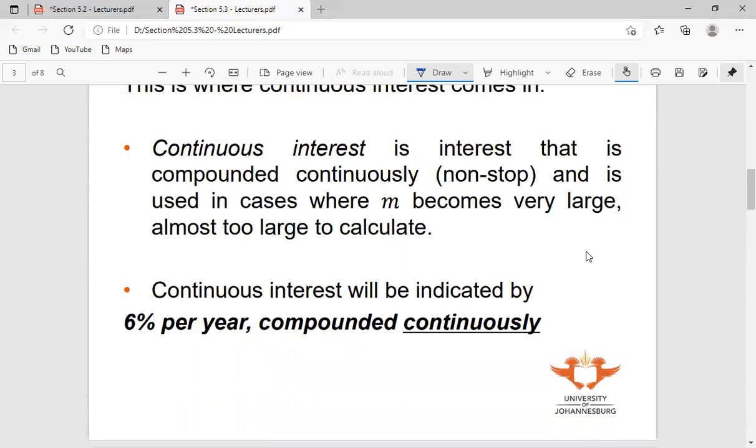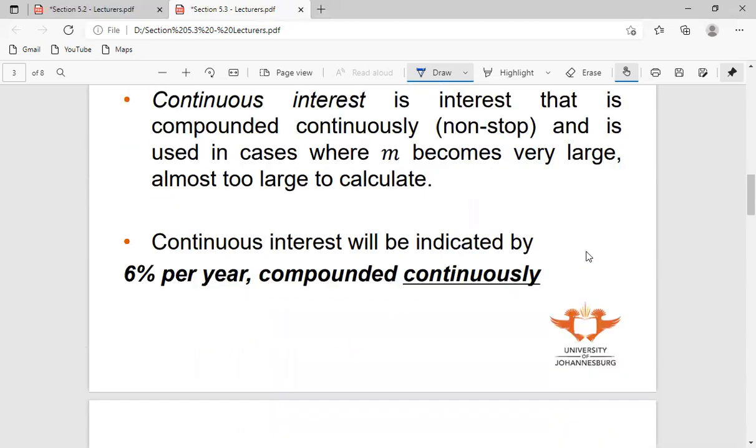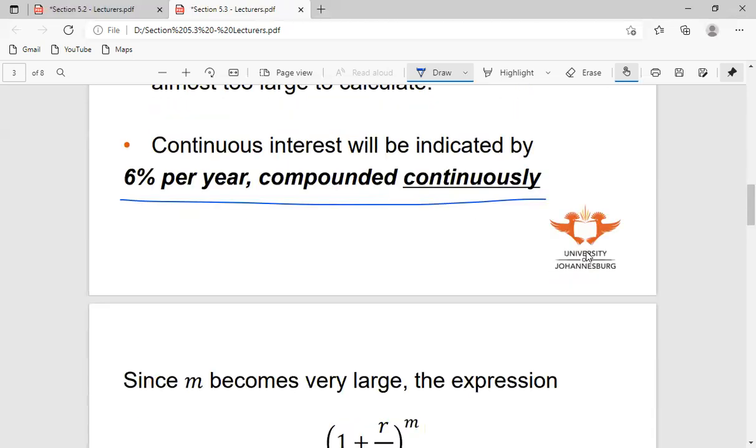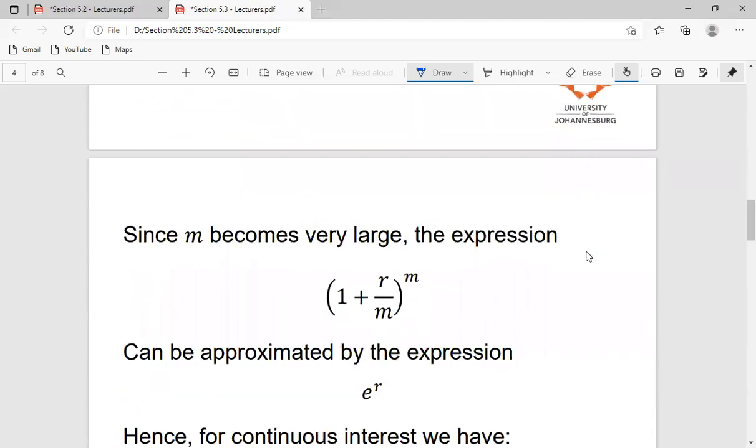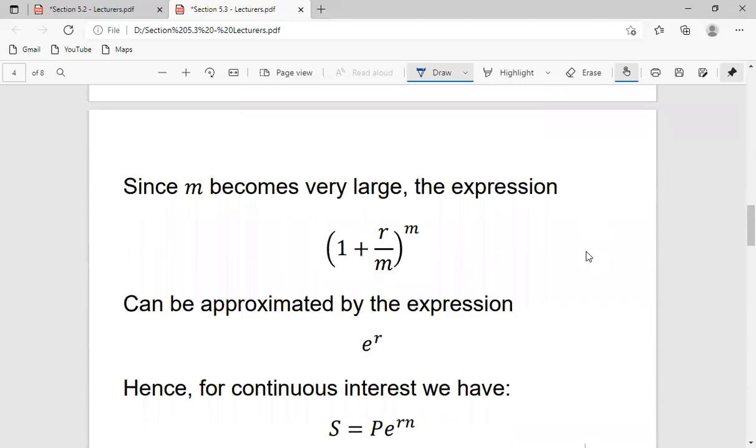We usually indicate continuous interest by, for instance, 6% per year compounded continuously. So when you see a question that says 6 or 5% per year compounded continuously, you know that we are referring to continuous interest, and you refer to the continuous interest formulas for your calculations.